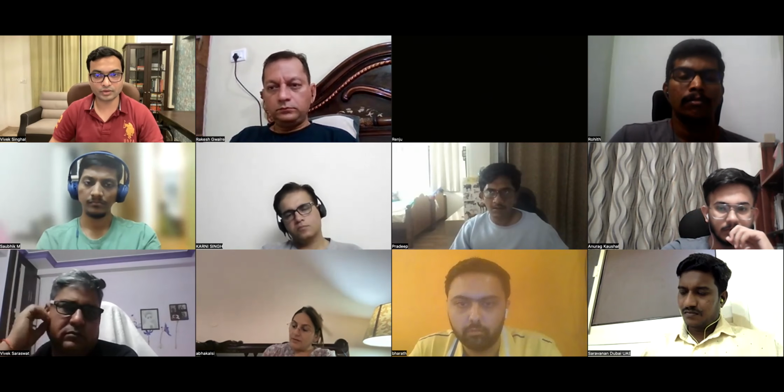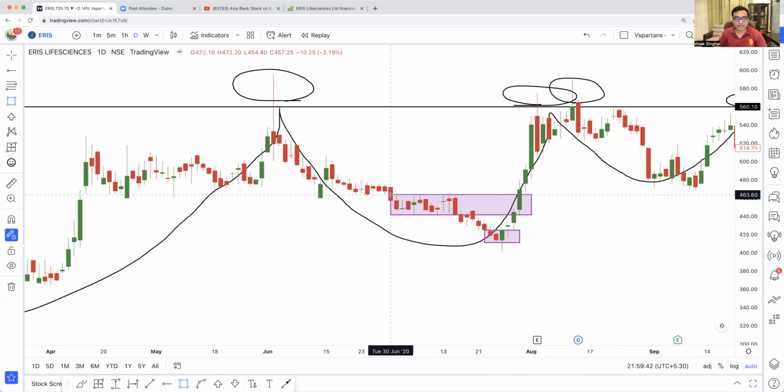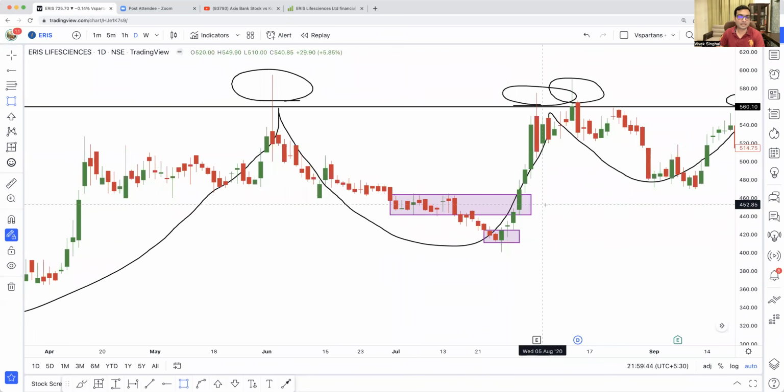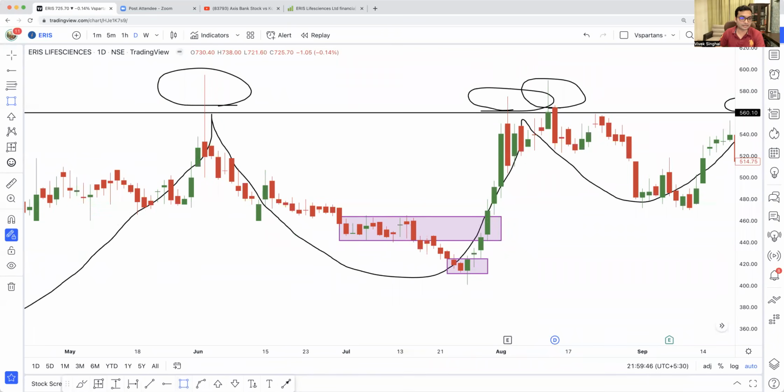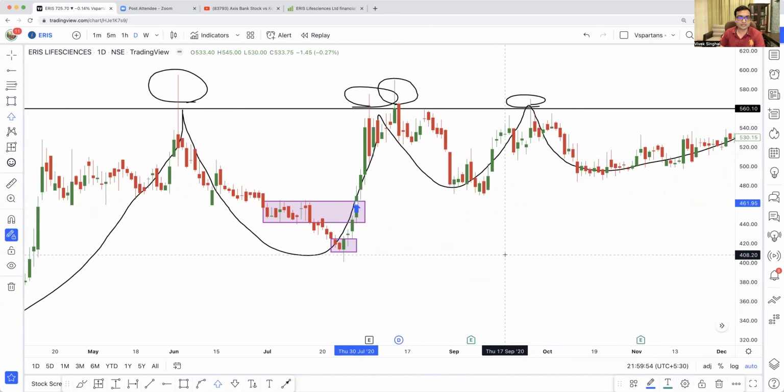Where we are much more confident, we should take a trade only. Okay. So we are considering this larger base as the base, and the breakout with the green candle is here. So our buying point is this, right? Our buying point is this.